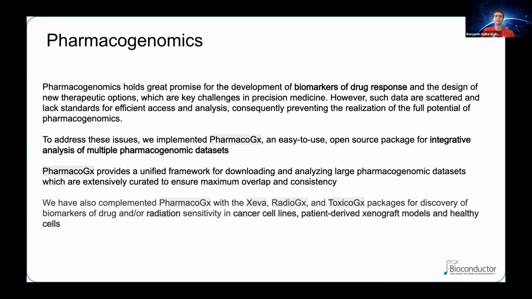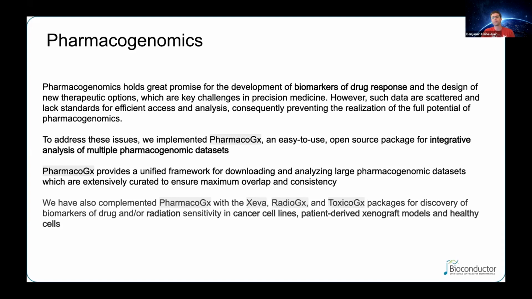And obviously in the context of personalized or precision medicine, this is a very important topic. Many people are treated with drugs that have very little effect, or sometimes even have toxic effects and no real therapeutic benefit. So understanding the relationship between complex molecular features of cancer and drug response is really important.